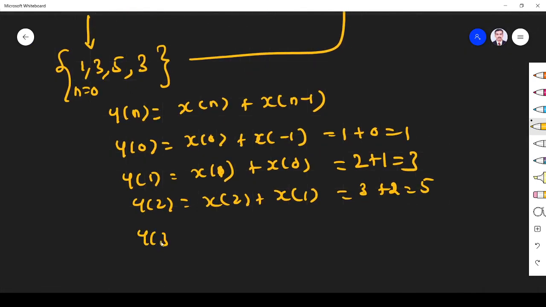Similarly, y of 3 is x of 3 plus x of 2.